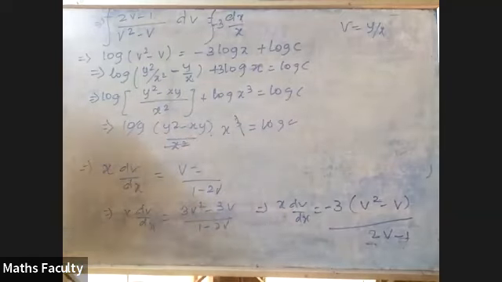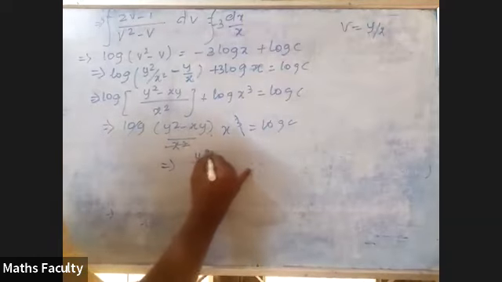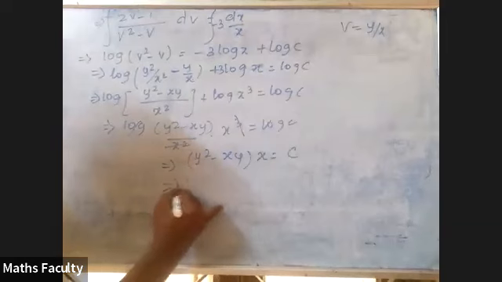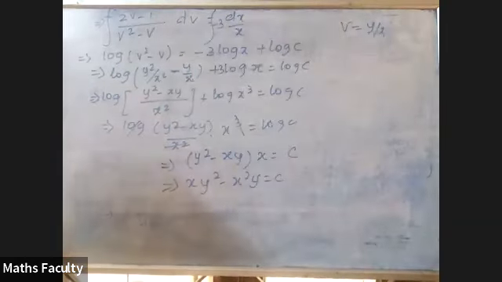Simply, we have y squared minus xy into x is equal to c. Or I can say xy squared minus x squared y is equal to c. This is the solution, a 3 marks question.